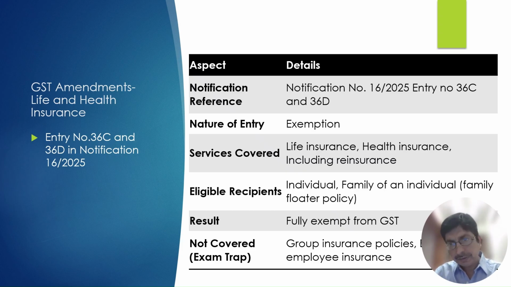GST at the rate of 18% is payable in such a case. Because these 200 employees come together as a group for the purpose of common economic benefit. That is not a family. So this exemption is not applicable there. Further, there may be a trade association or Chamber of Commerce, that is a group, that is not a family. So the exemption benefit is not available.